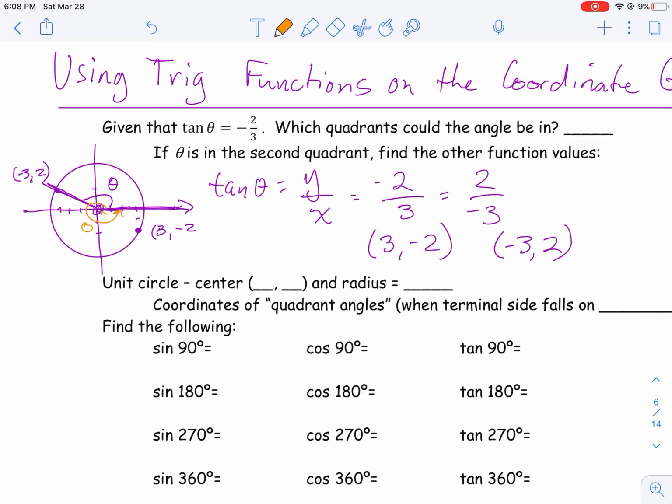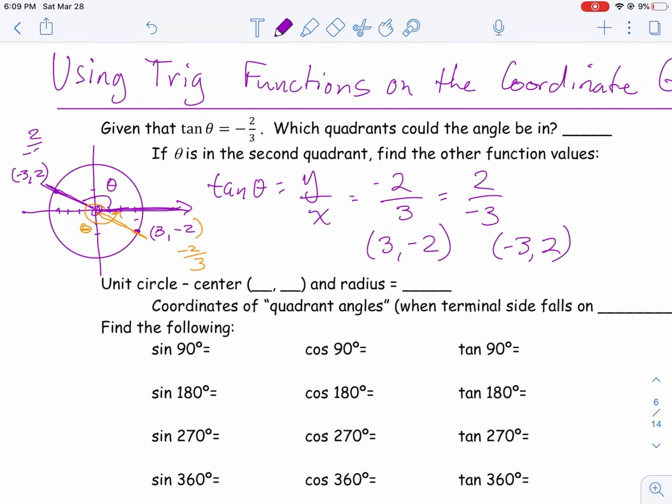If I go this way, this angle theta, for the orange angle, we have y over x of negative 2/3. For the purple theta, we have y over x of 2 over negative 3. And in both cases, that gives me a tangent of negative 2/3. So which quadrants could this be in?